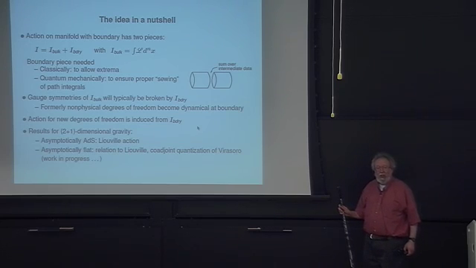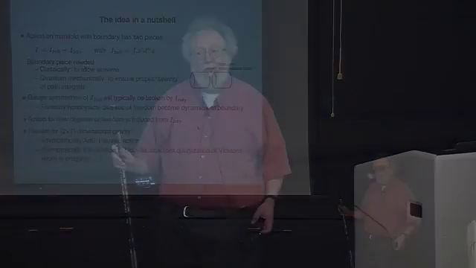In the classical theory, this boundary piece is required just by saying that you want the action to have genuine extrema. When you vary an action, you typically have integrations by parts, which you don't care about if the manifold doesn't have a boundary. But if it does, you get boundary pieces that you have to make sure get canceled off.